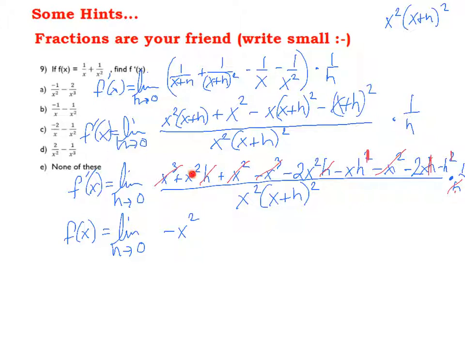Okay, so that takes care of this term. It takes care of this term. Now I have a minus xh. And I have a minus 2x. And a minus h. And that's all over the common denominator, x squared, x plus h squared.